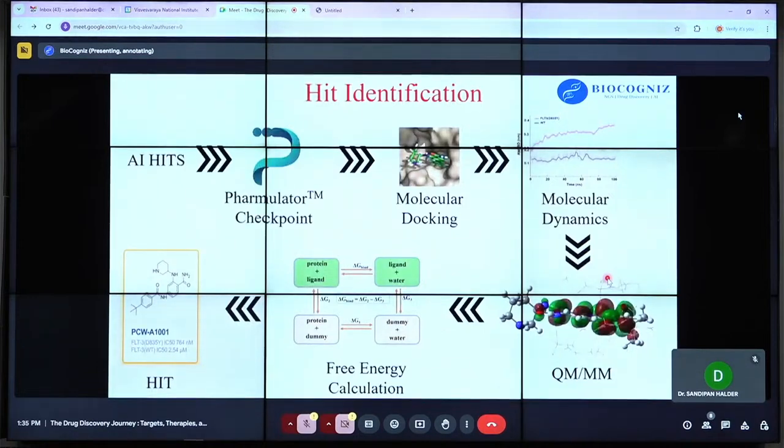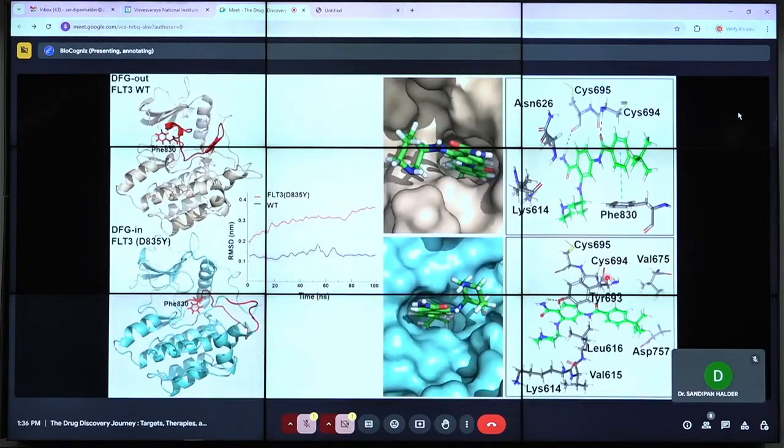We have used both AI as well as the computer-aided drug discovery approach, and it's a combination of everything. We have also used experimental methods and QM/MM. What we found, and the mainly interesting thing, is the DFG-in conformer. We have used wild type and mutant, a series of kinases, and then narrowed it down to FLT3.